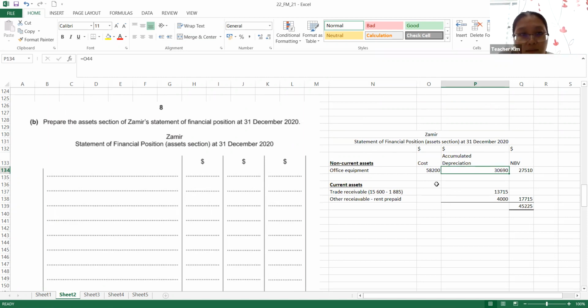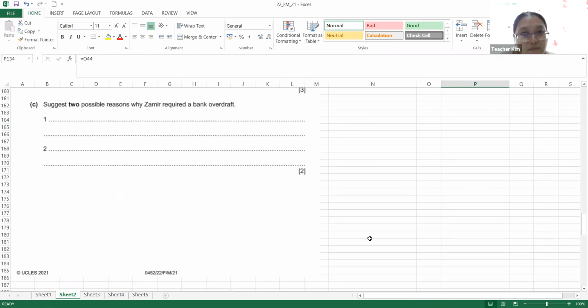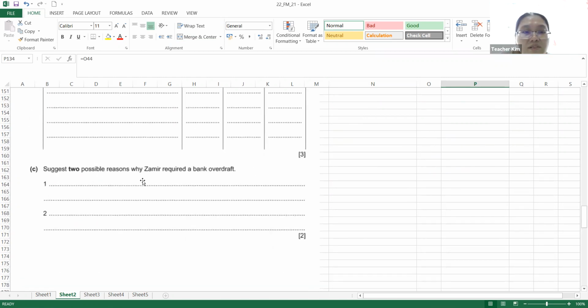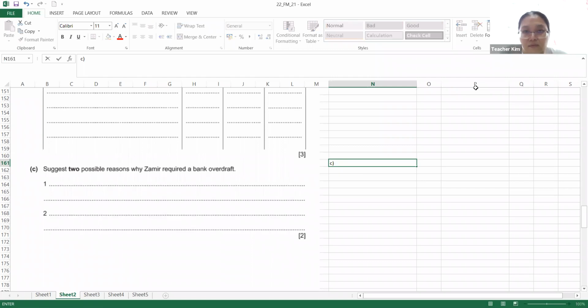Okay, now next is that here they say suggest 2 possible reasons why Zamir required a bank overdraft. Most of you, I think can get it, but when you write, try to use the business term. Okay, the bank overdraft incurred.